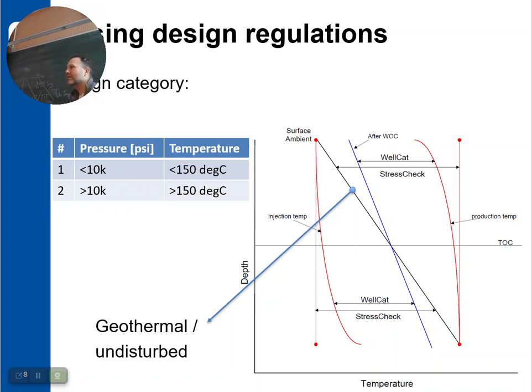The Velcat takes into account your exact temperature, meaning as good as the software can model temperature. Whereas Stress Check does the simplification and says, no, there's no change from the reservoir temperature. What is your reservoir temperature is what we're going to calculate with all the way on top.